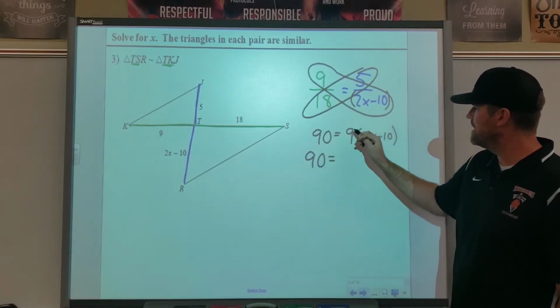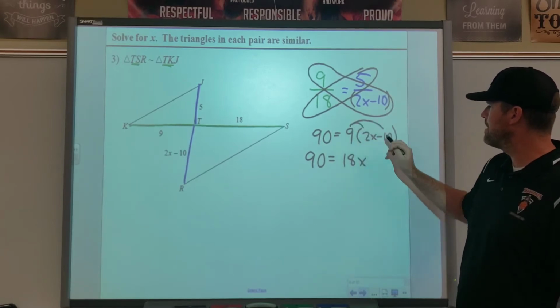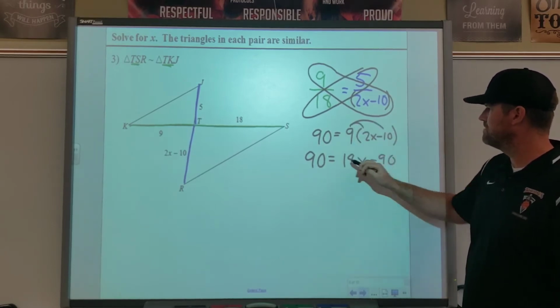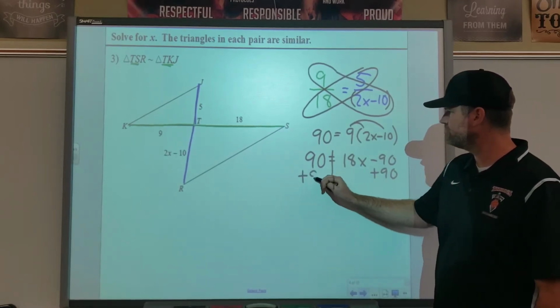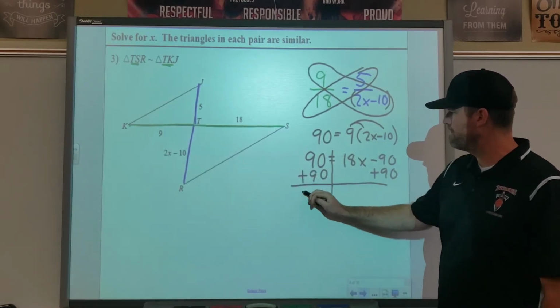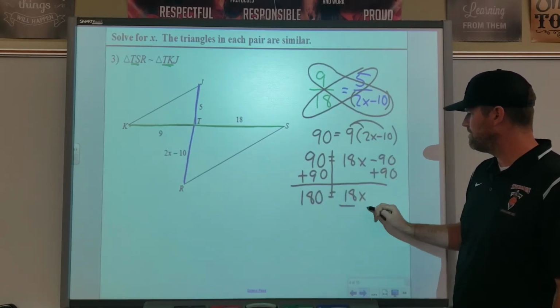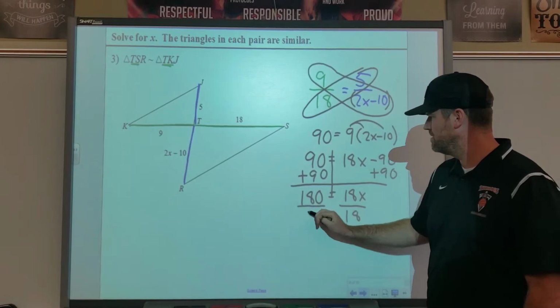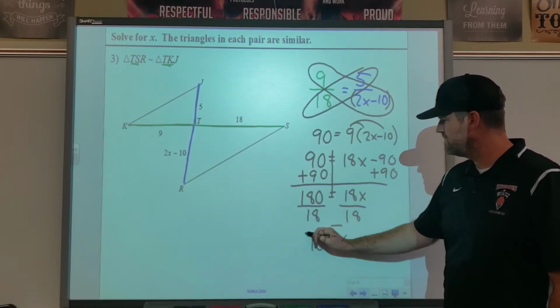So I end up getting 90 equals 18x minus 90. Add 90 to both sides. Divide by 18. And I get x equals 10.